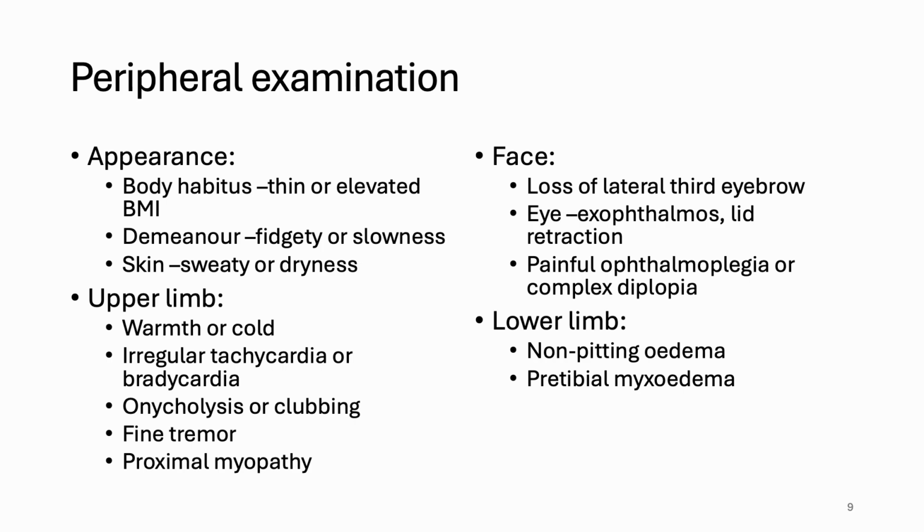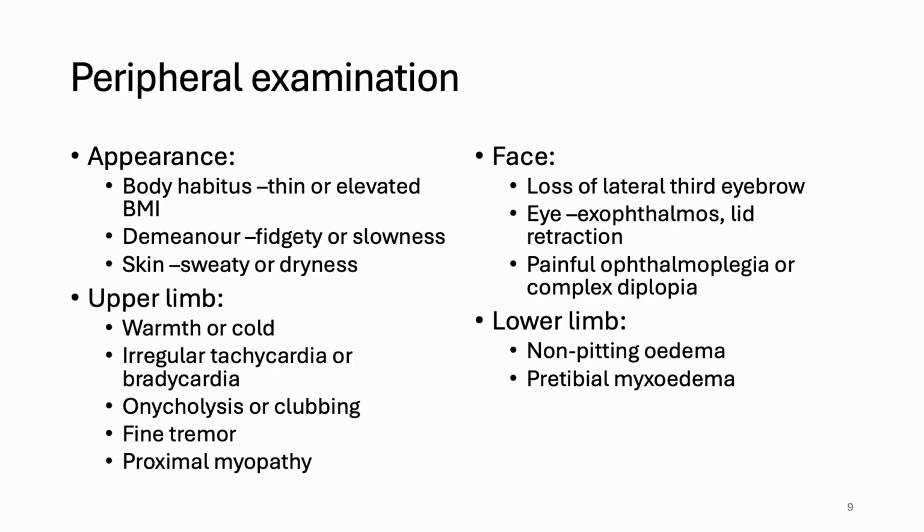On the face, you would notice whether there's loss of the lateral third of the eyebrow, which would be found in hypothyroid patients. Look at the eye for exophthalmos, lid retraction, and check for lid lag as well. Check for painful ophthalmoplegia or complex diplopia in patients with Graves ophthalmopathy.